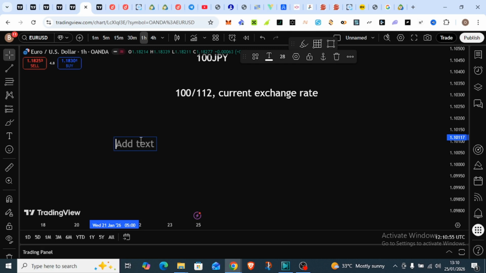So price starts at, okay, let's say price at 112. If it rises to 122.